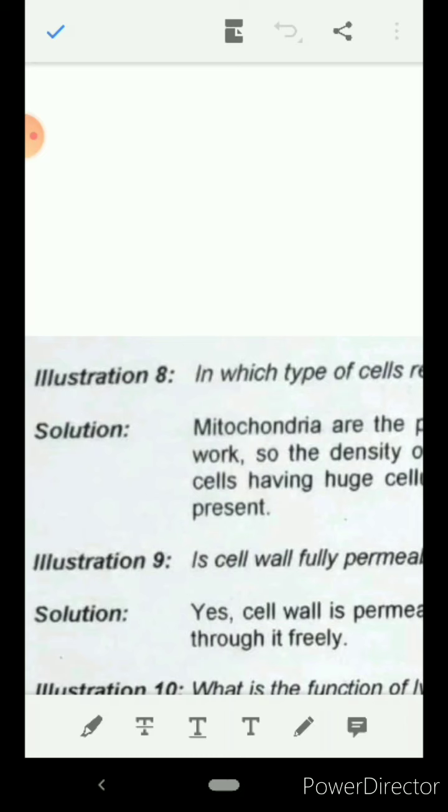So the density of mitochondria is related to cellular activity. For example, kidney cells having huge cellular activity show a large number of mitochondria, about 1000 per cell.